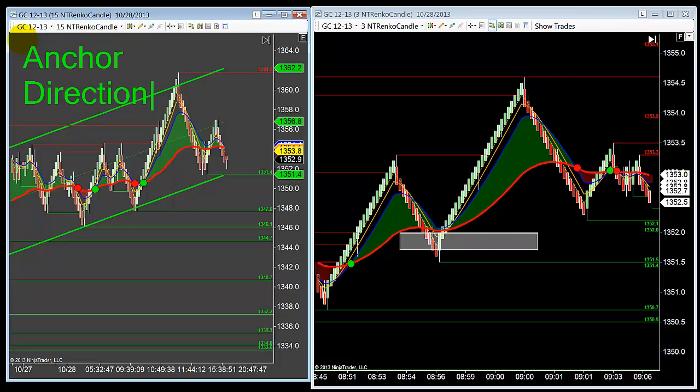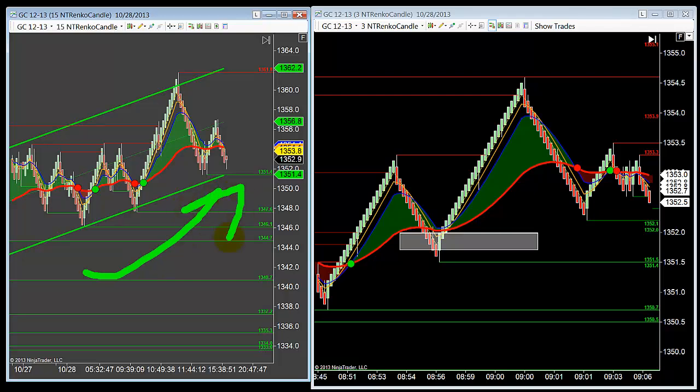Most of it is just direction, but we also look for major levels of support and resistance. The anchor chart tells me what direction we're likely moving in and where I'm going to find major support and resistance. You can see on this anchor chart we've got resistance overhead, support below us.